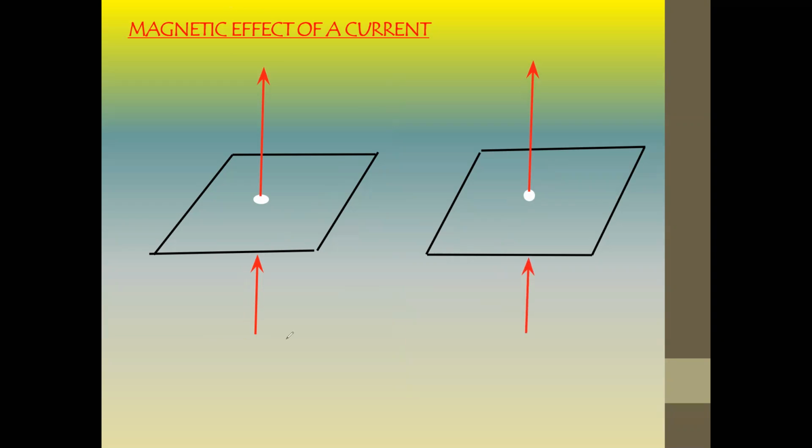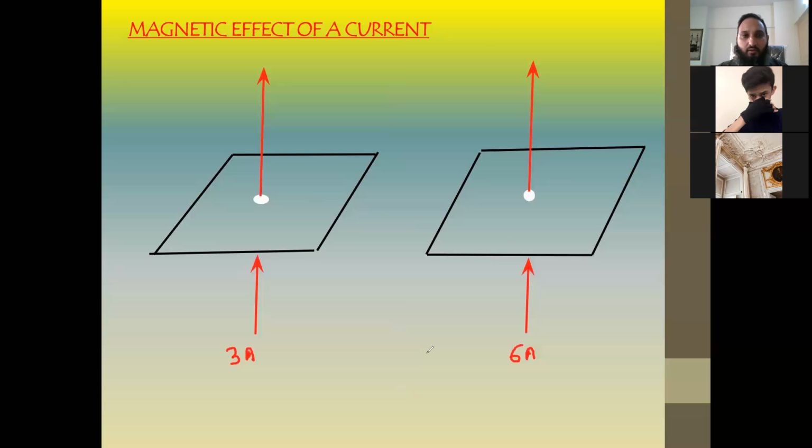For example, here 3 ampere is passing and in the other one 6 ampere is passing. So when I try to work out the direction of the magnetic field, my thumb should point in the direction of the current and the fingers will rotate.